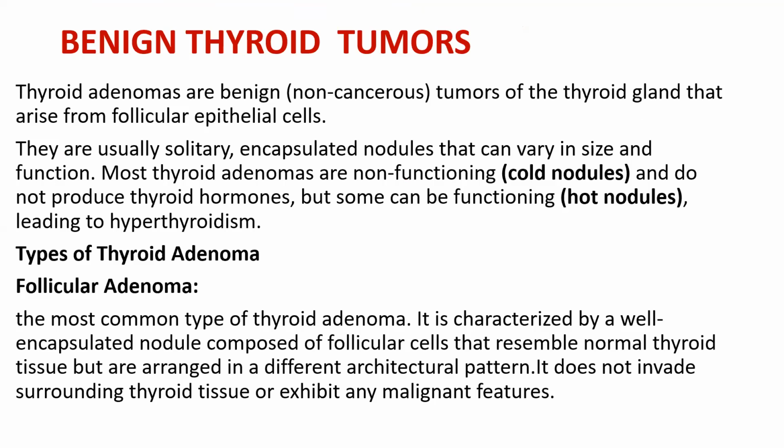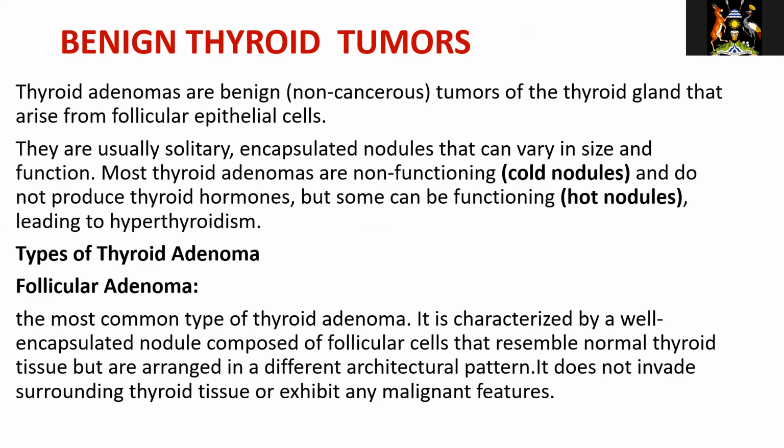So as we continue, thyroid adenomas are benign, non-cancerous tumors of the thyroid gland that arise from follicular epithelial cells. They are usually solitary, encapsulated nodules that can vary in size and function. Most thyroid adenomas are non-functioning cold nodules.